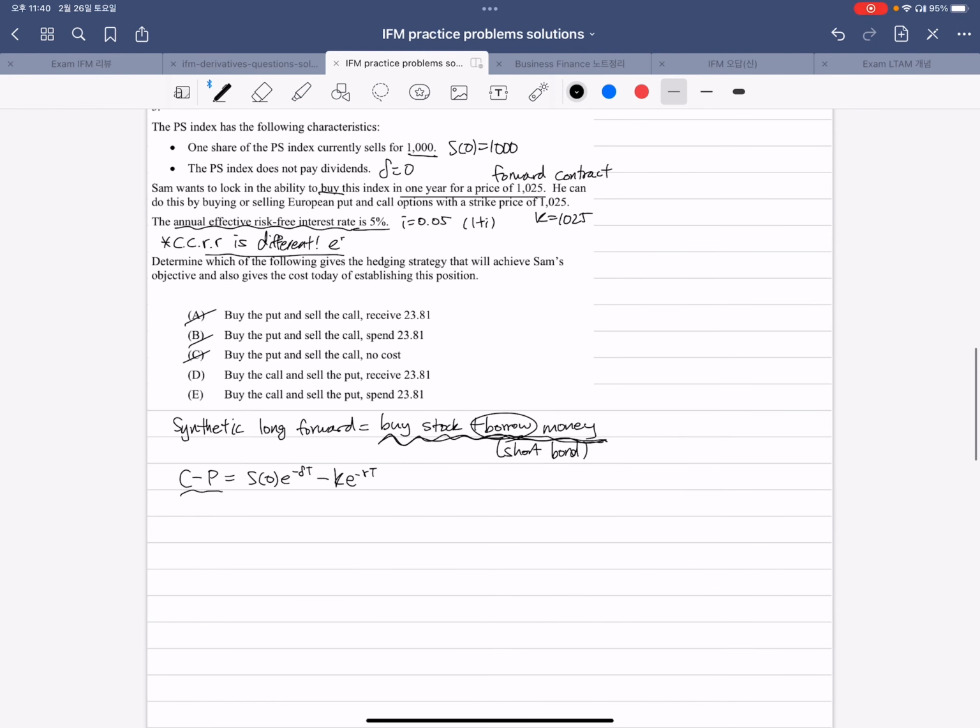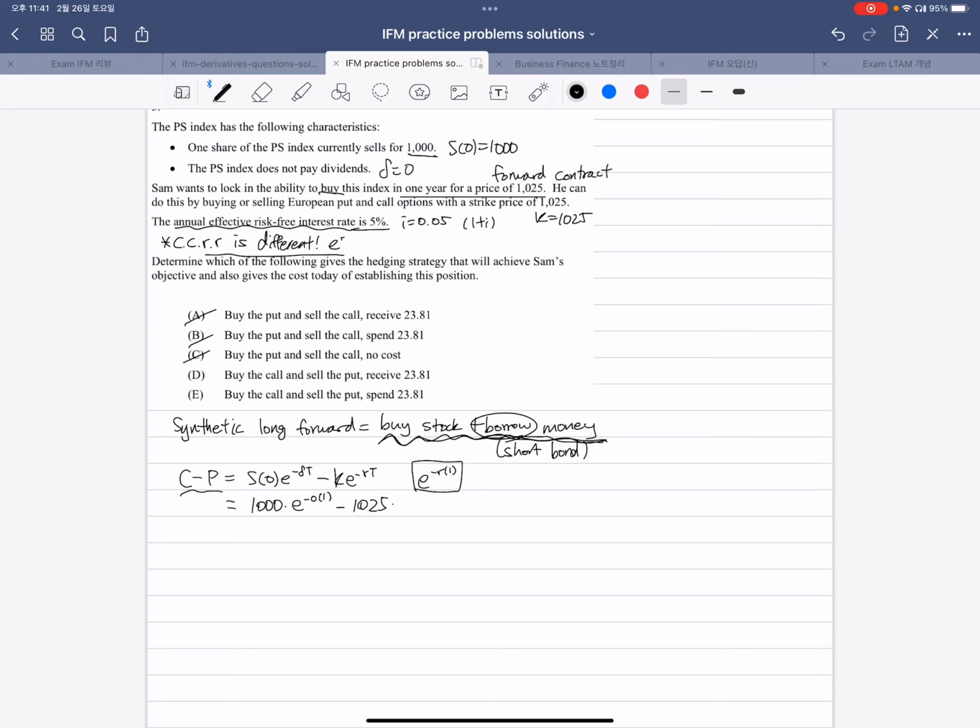And the cost of this strategy will be: S of 0 is 1000, so let's substitute what we have here, times e to the 0 because the dividend is 0, minus the strike price, which was 1025. And be careful of this: we're discounting 1 year, but we're given annual effective interest rates.